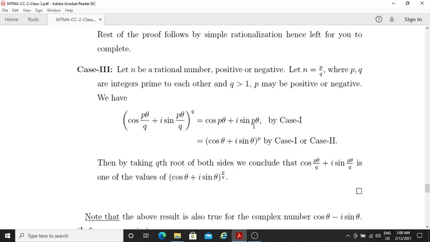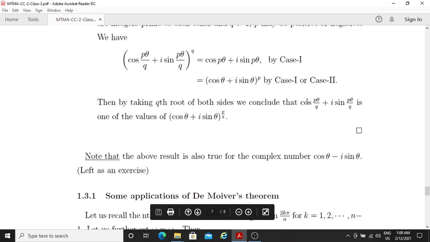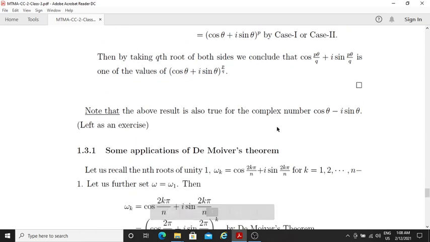That's the range. Those are the different values you are supposed to get, and this is the value you get for k equals 0. That's the principal value, and there are other values. So that is why the theorem says this is only one of the values of this. That is what De Moivre's theorem is all about.